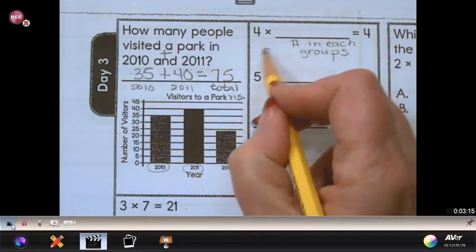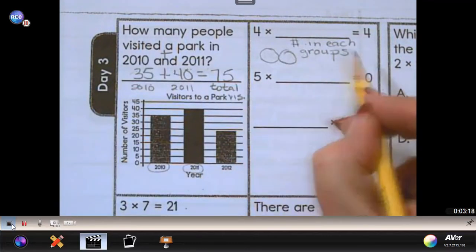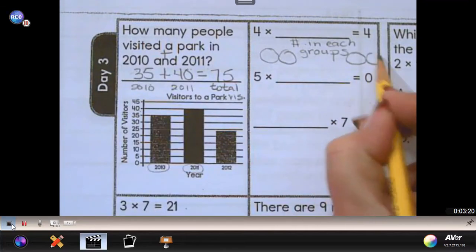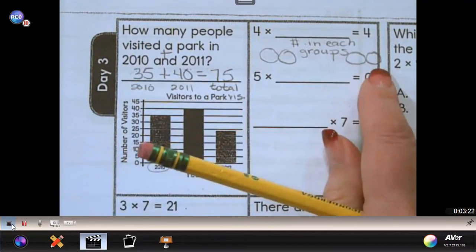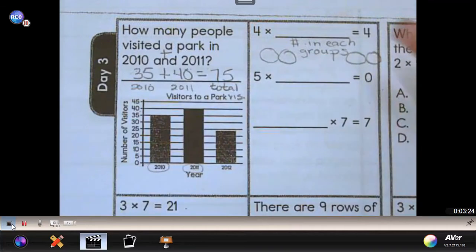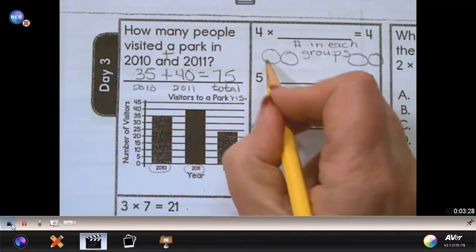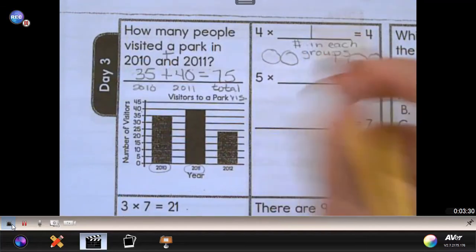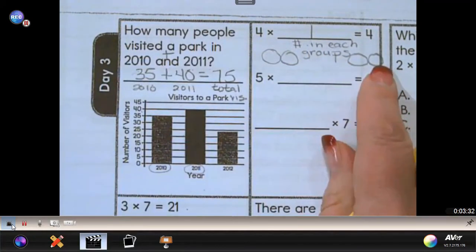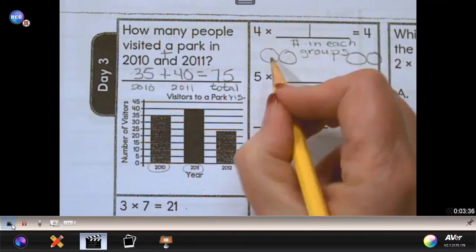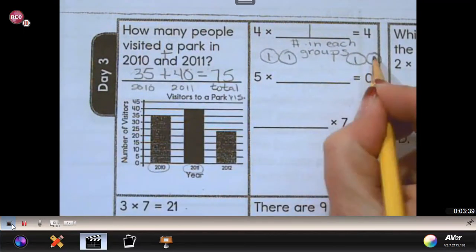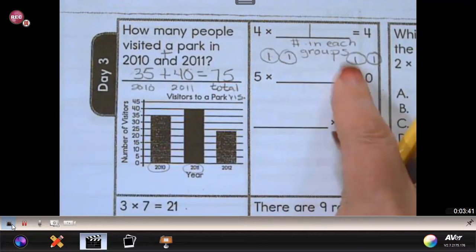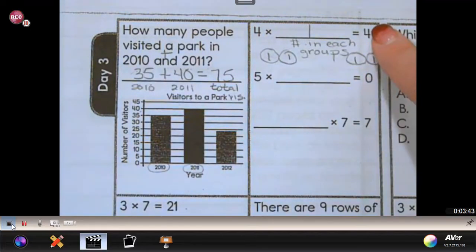So if I were to have 4 groups, and I'm just going to show these 4 groups, how many objects would I have to put in each group to come up with 4 total objects? Well, if you know that it's 1, I would put 1 in each one of these groups, and I would get 4 total. So that would be 1, 1, 1, and 1. And if I add 1 plus 1 plus 1 plus 1, I get my 4.